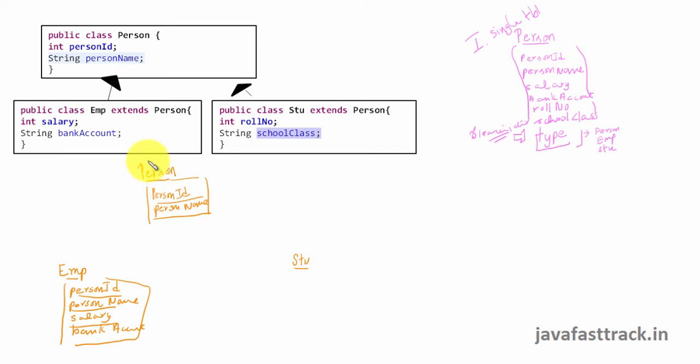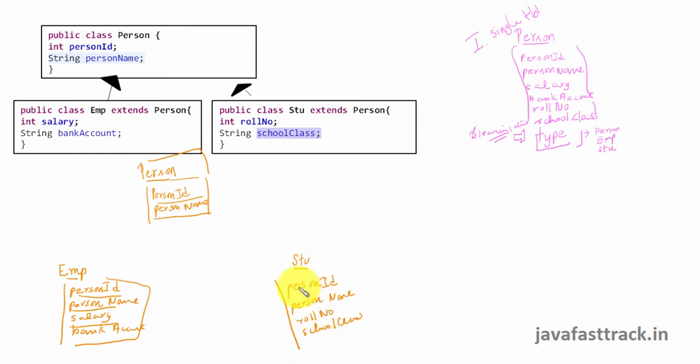If somebody stores a person object, it will have only person ID and person name. Somebody storing employee object may have person ID, person name, along with that employee fields, salary and bank account. Somebody storing student object, that will have person ID, person name, that is common fields, and then student related fields, roll number and school class.